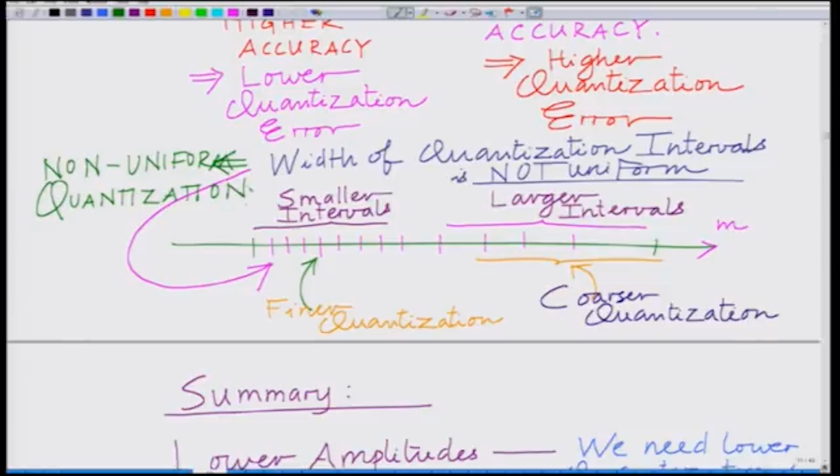This is a technique of non-uniform quantization, because the width of the quantization intervals is different. Alright, different intervals have different widths.